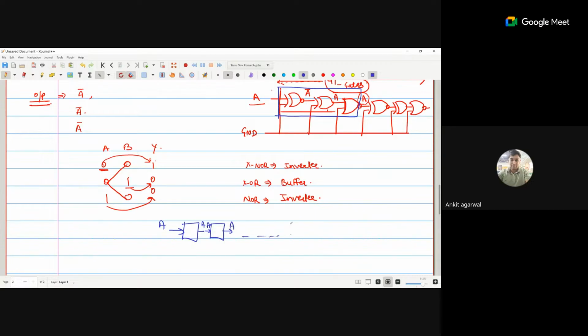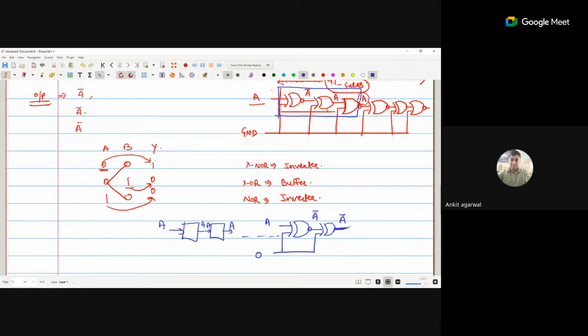Now after that there are 2 gates. One is the XNOR and second is XOR. Okay. Now the important thing is that only these 2 gates. So here we are getting A. Now A bar, and that is A bar.